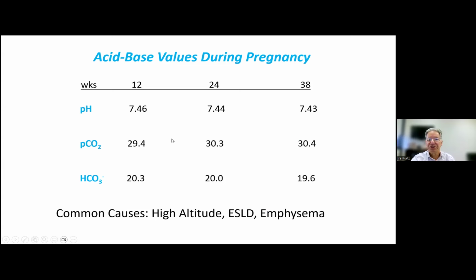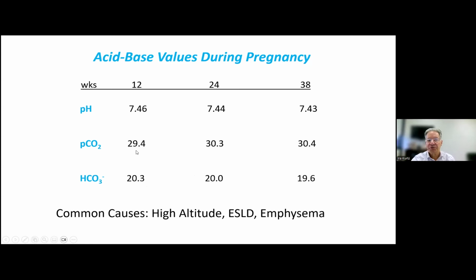And this is what we see during pregnancy. If you look at the acid-base numbers in the 1st, 2nd, or 3rd trimester of pregnancy, these patients have a chronic respiratory alkalosis, and it's felt to be potentially due to progesterone driving the respiratory center. But you can see at each of these stages, there's a 2-to-1 difference: for every 10 fall roughly in the PCO2, the bicarbonate's fallen by around 5 or so.